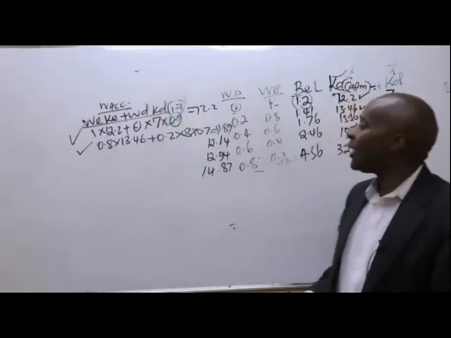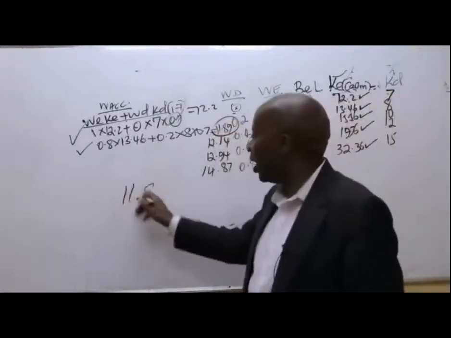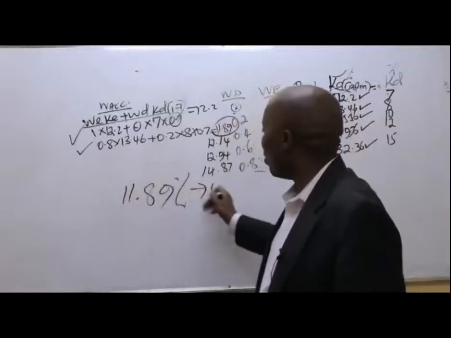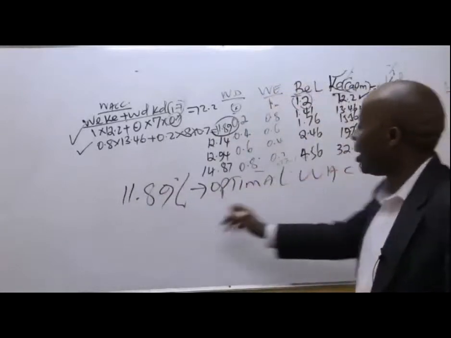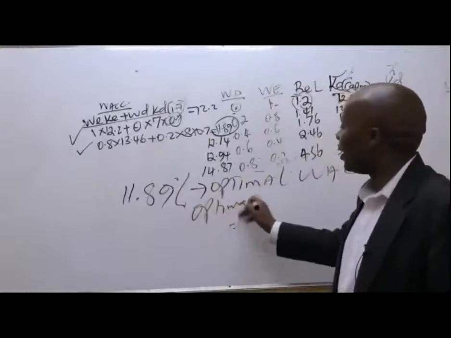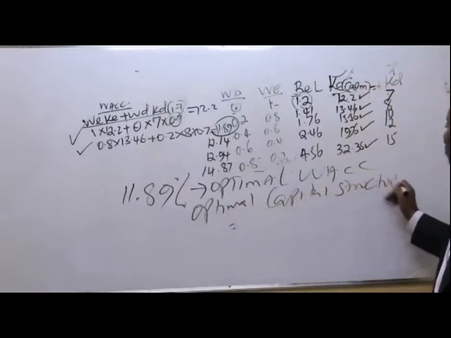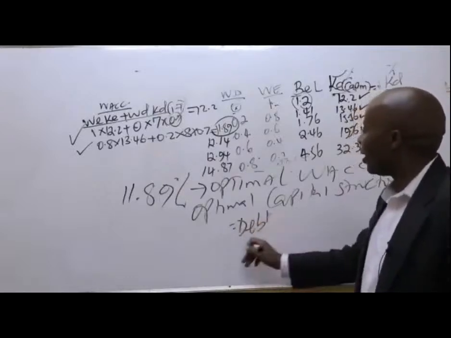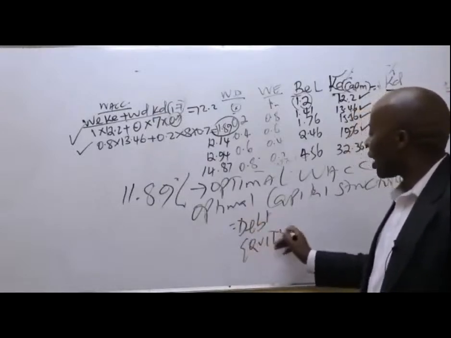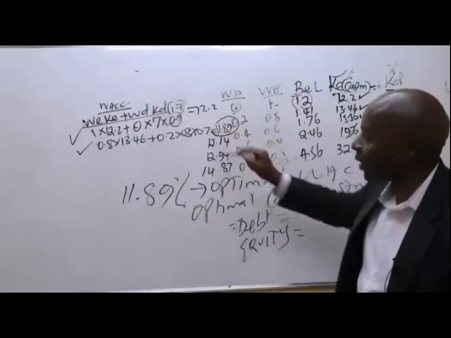So 11.89, if this is the correct one, if 11.89 is the optimal WACC, then the optimal capital structure will be, ladies and gentlemen, we have debt, and then we have equity. The optimal capital structure will be the capital structure which corresponds to this 11.89.